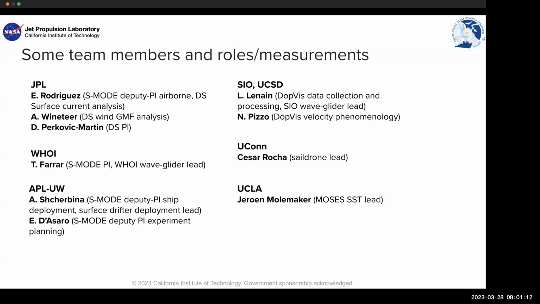So we're trying to understand what's being measured with a Doppler scatterometer called Doppler Scat. And we've been deploying it as part of something called the S-MODE Earth Ventures suborbital campaign, which is a NASA mission. Tom Farrar is a PI.